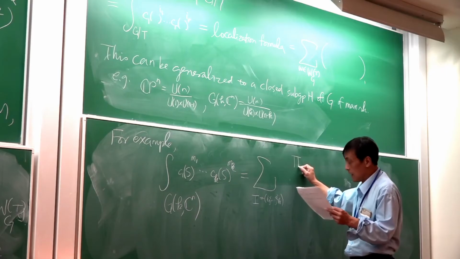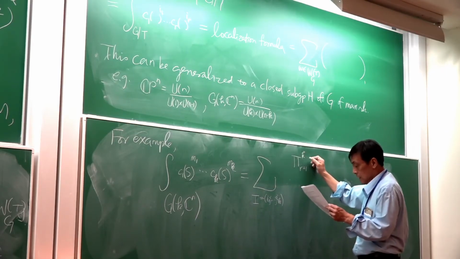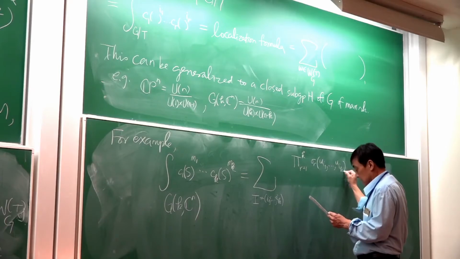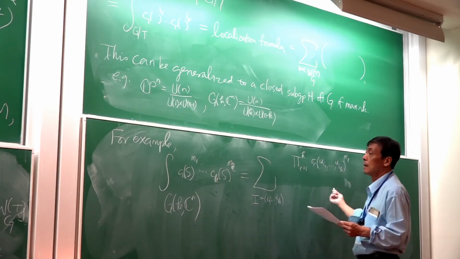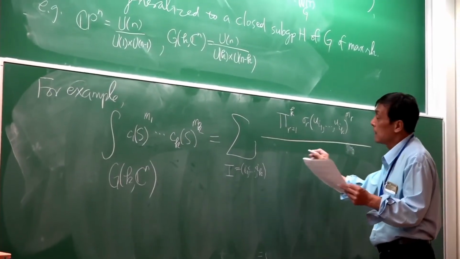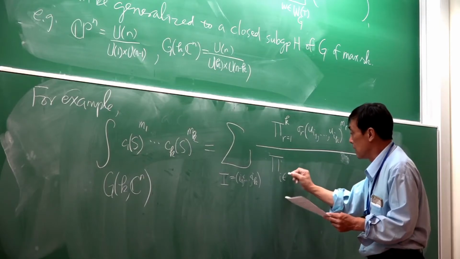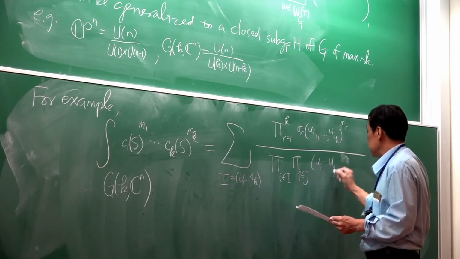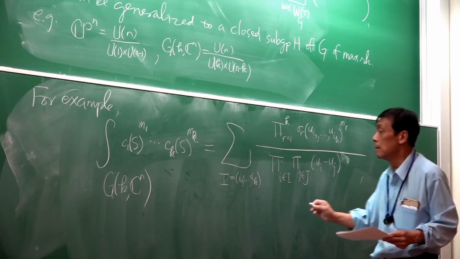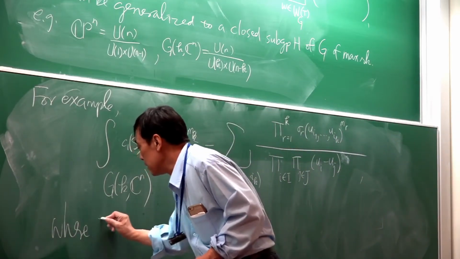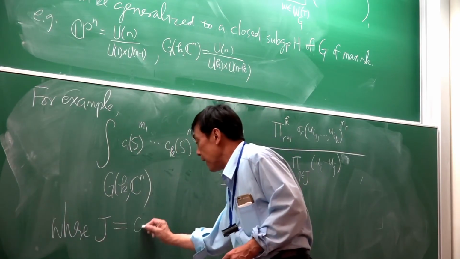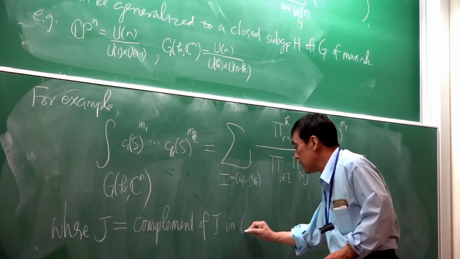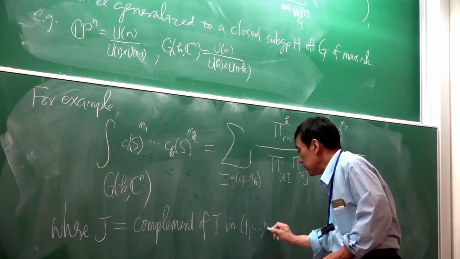And then in the numerator, I have the product over r from 1 to k of sigma_r(u_I1, ..., u_Ik) to the n_r, divided by the product over i in I and j in J of (u_i minus u_j), where J is the complement of I in 1 to n.